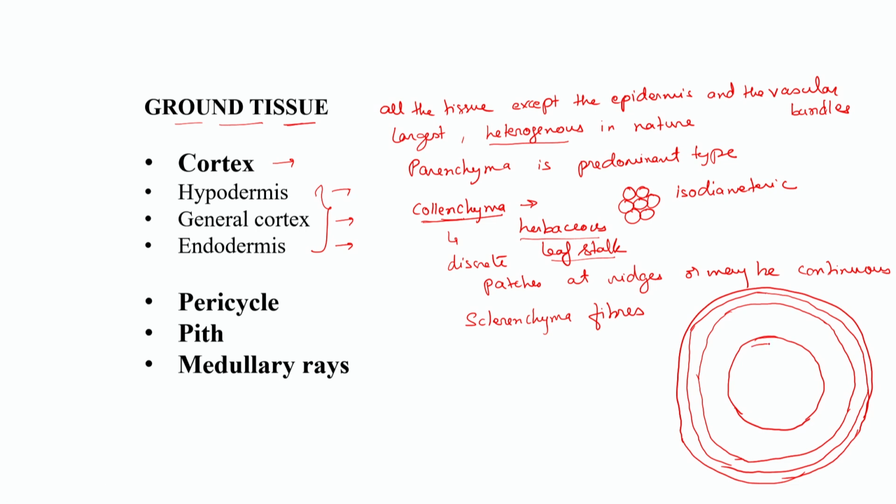Endodermis will be followed by pericycle, and inside this pericycle you will have vascular bundles, and then in the center you will have pith. So outermost layer will be epidermis, and then you have hypodermis. Okay, then you will have cortex, general cortex.